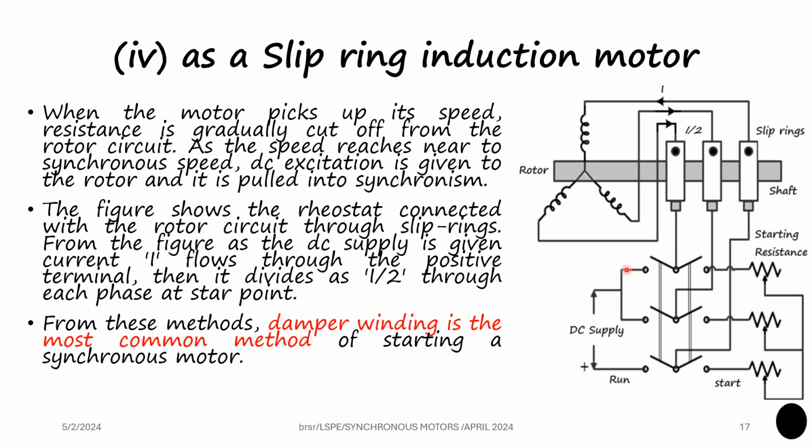Now, because of the excitation, the motor will be pulled into synchronism and the machine will start running at the synchronous speed. Of all the methods discussed here, the damper winding is the most commonly used method for starting the synchronous motors.